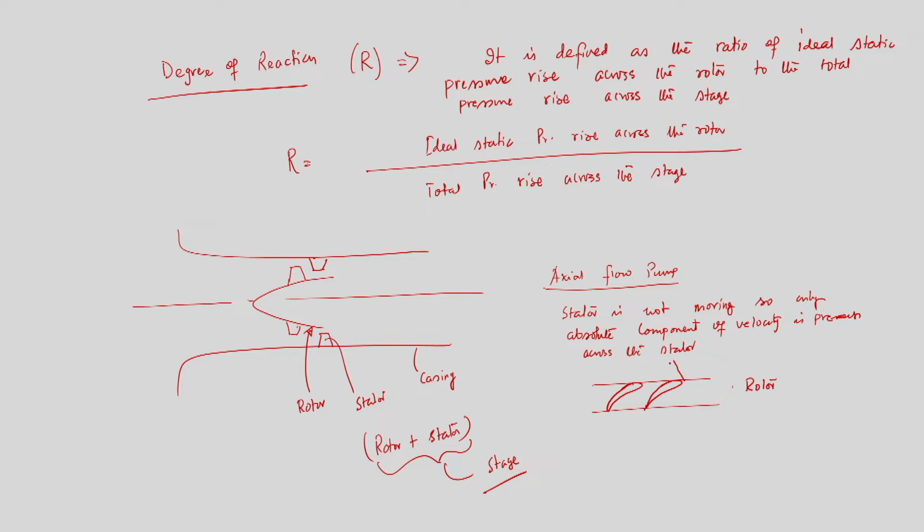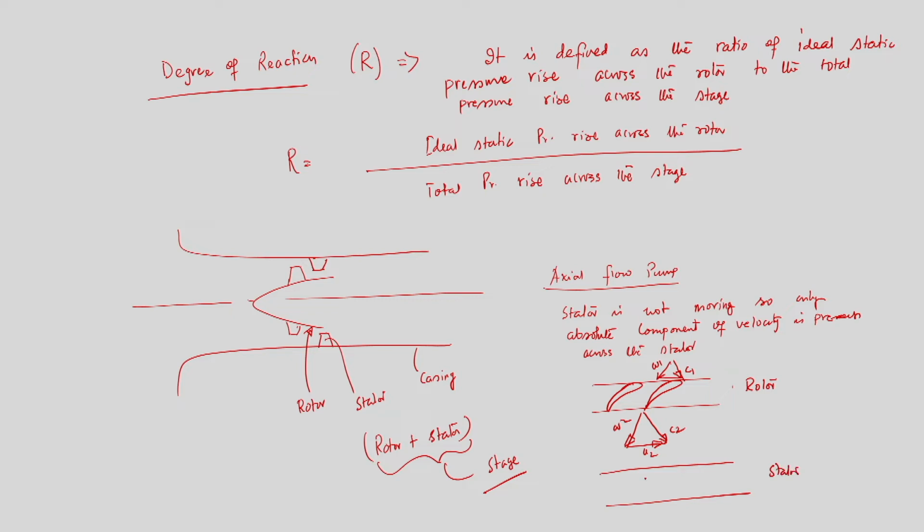Let us say this is absolute velocity, this is tangential velocity, this is relative velocity. So, this is C1, this is W1 and this is U1. Again, from the outlet of the rotor we have three components of velocity: C2, W2 and U2.